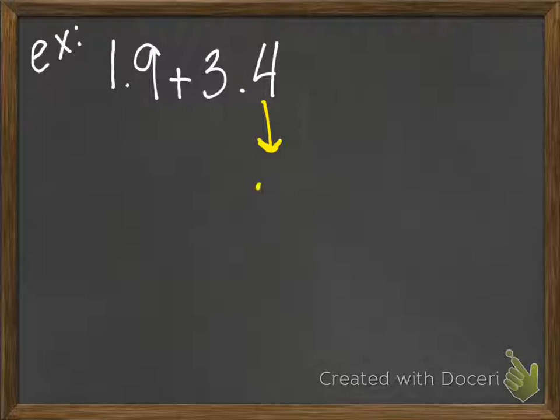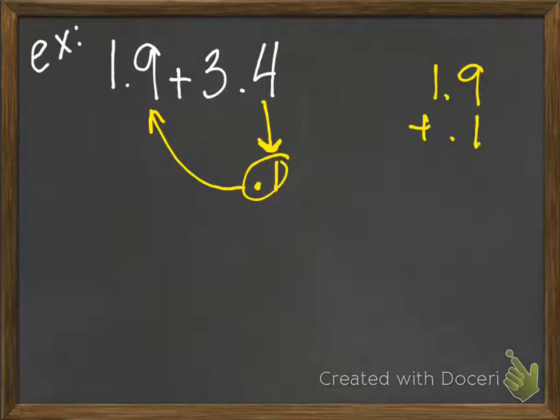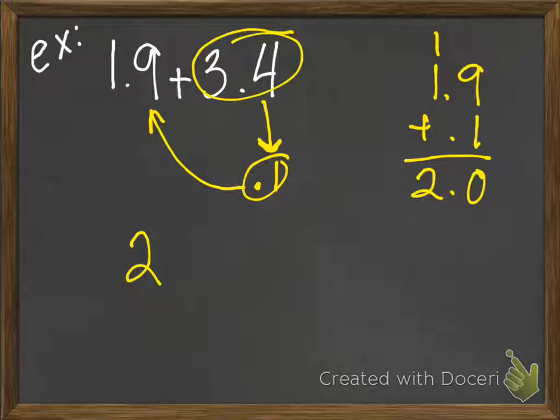If I take a 0.1 away from it, and I take this over here, then 1.9 plus the 0.1 gives me a whole number 2, because 9 plus 1 is 10. That's what I get, 2. But I have to remember, if I take away from the 3.4, it's almost like 3.4 minus 0.1, and that would give me 4 minus 1 is 3.